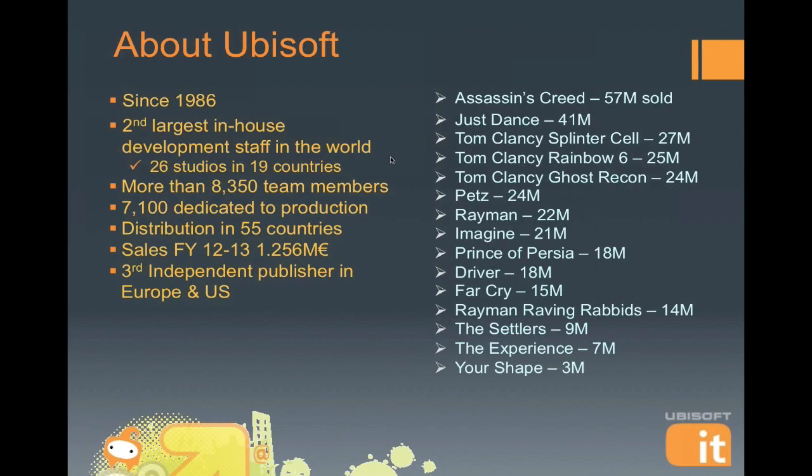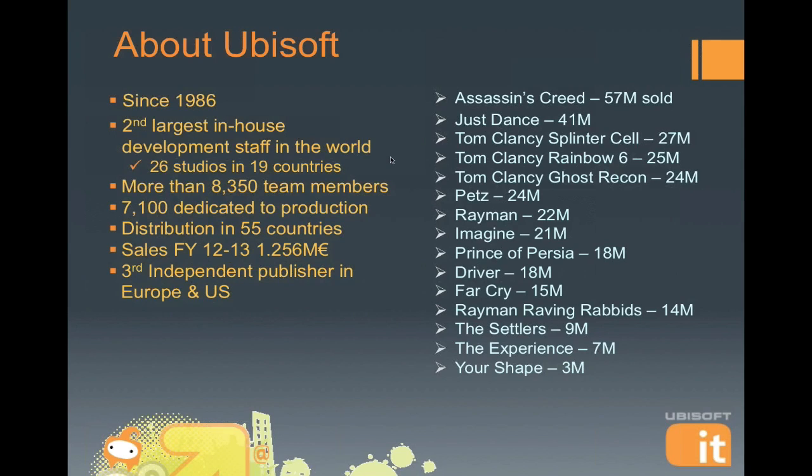So to give you a little bit about Ubisoft, we've been around since 1986. We're the second largest in-house development publisher in the world. We have 26 studios in 19 different countries. We're now more than 8,000 employees, and of those, 7,100 are dedicated to producing our games.